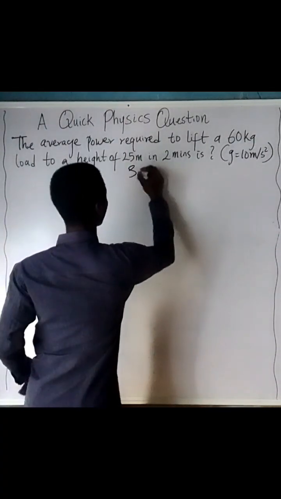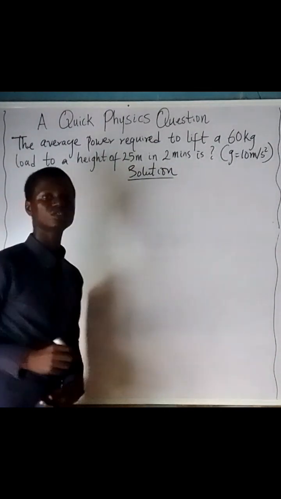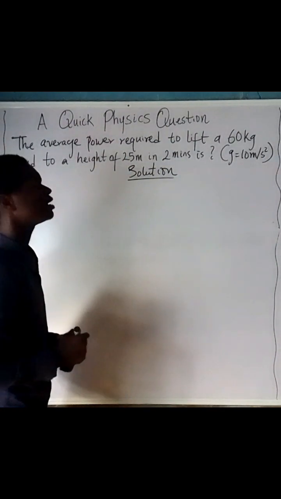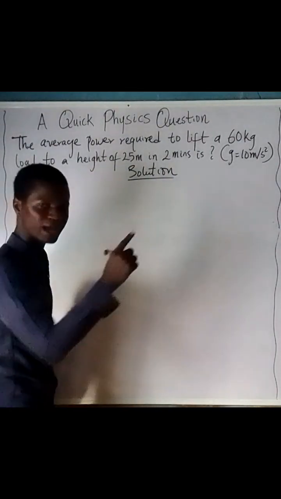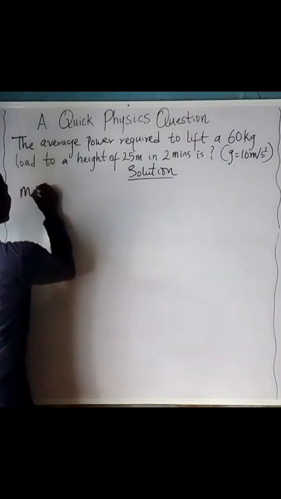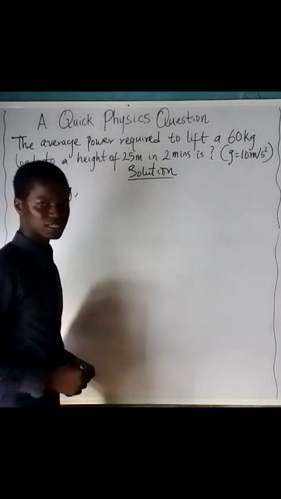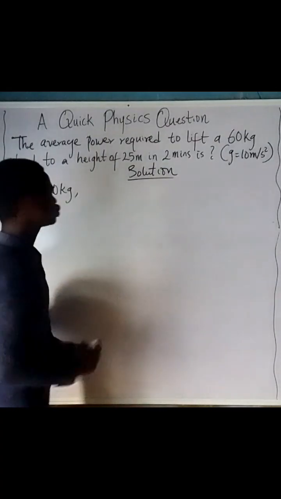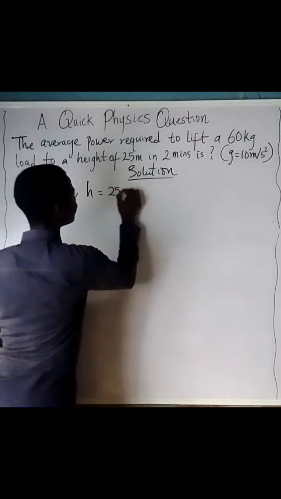Solution. First thing first, we'll be deriving all that was given in this question. They said the average power required to lift a 60 kg load. 60 kilogram, that is for mass, is it not? So write M equals 60 kg. A height of 25 meters, so height H is 25 meters.